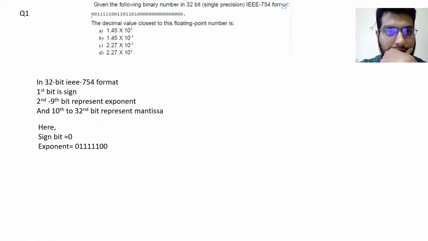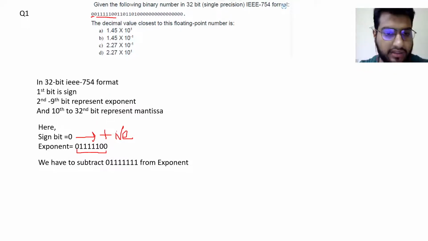So here this sign bit, this first bit is 0, which means a positive number, and these bits from the second to the ninth represent our exponent as shown here.